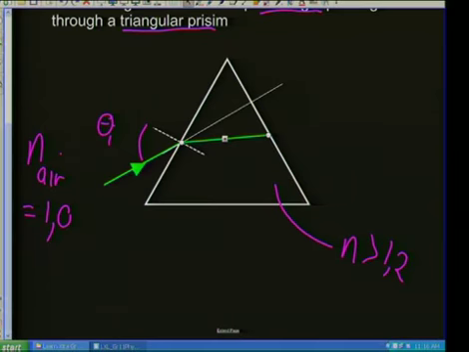Okay, there we go. The light has bent. How is it bent? Describe it. It is bent towards the normal. The angle of refraction at this first surface is smaller. The angle of refraction at the first surface is less than the angle of incidence at the first surface. It's bent towards the normal.